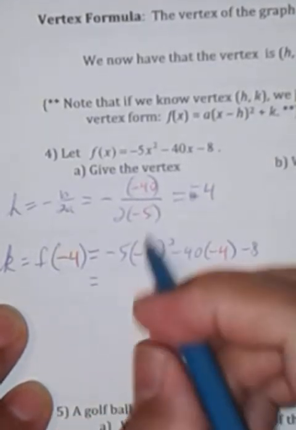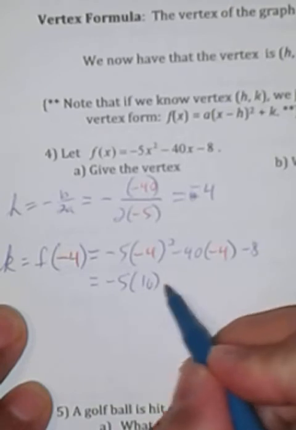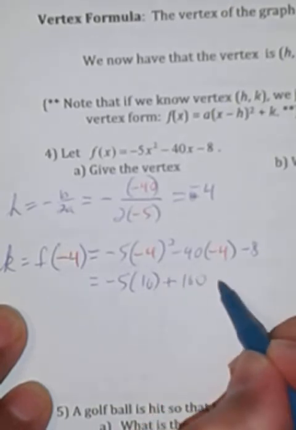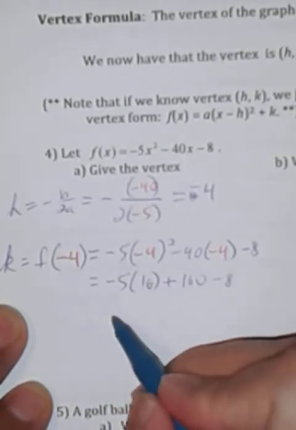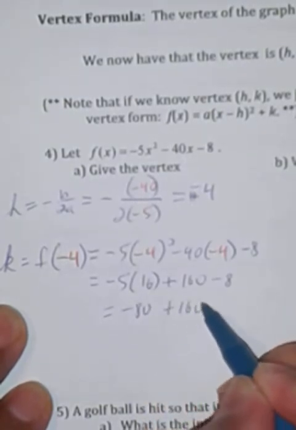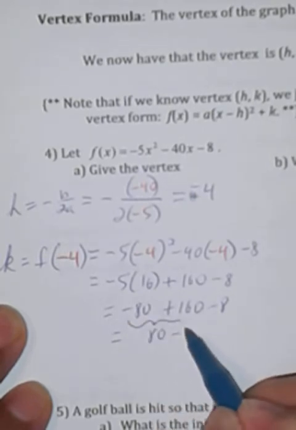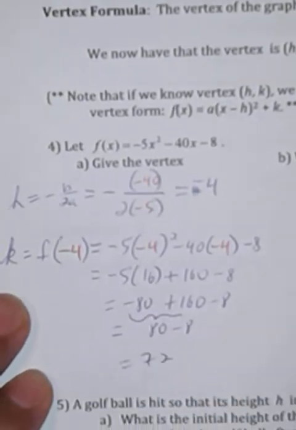Alright, and then we're just going to work it out. This is negative 5 times 16. Minus 40 times minus 4 is plus 160, minus 8. This is negative 80 plus 160 minus 8. This is 80 minus 8, and that's 72.